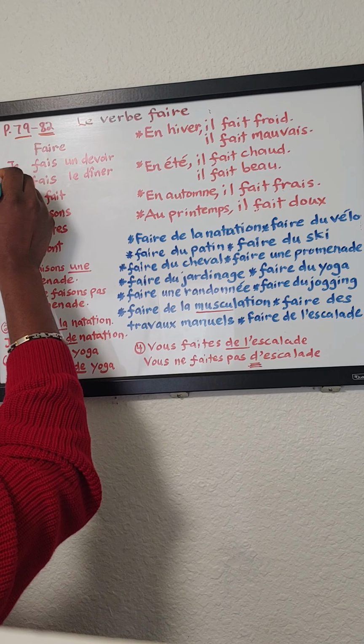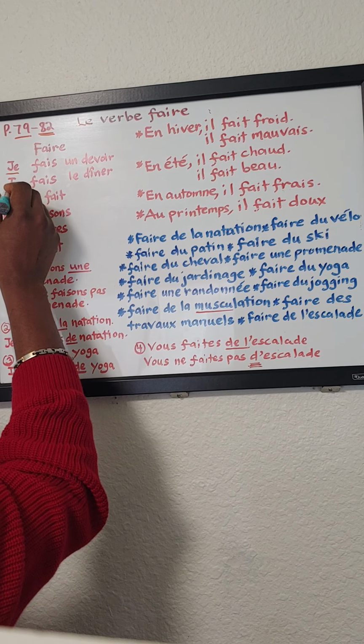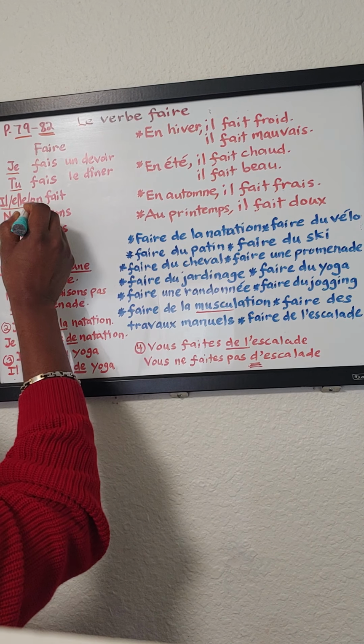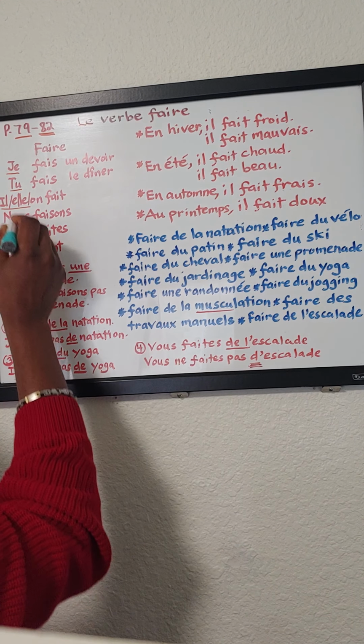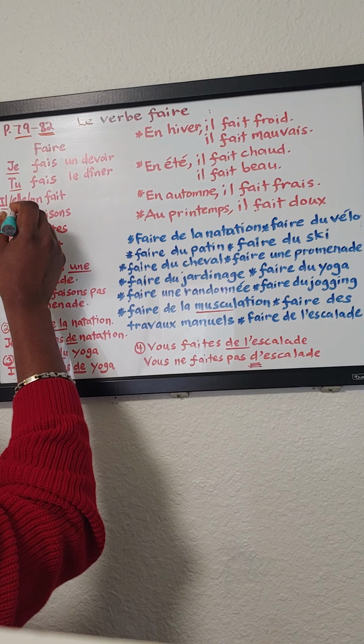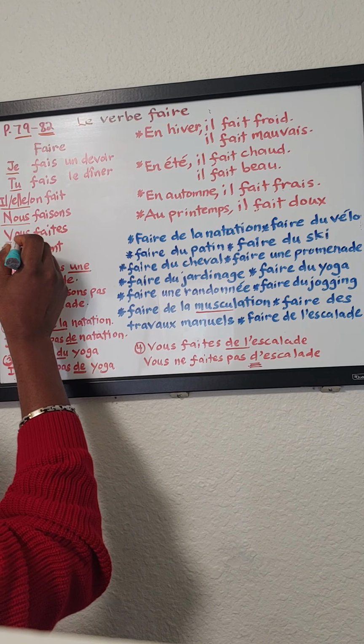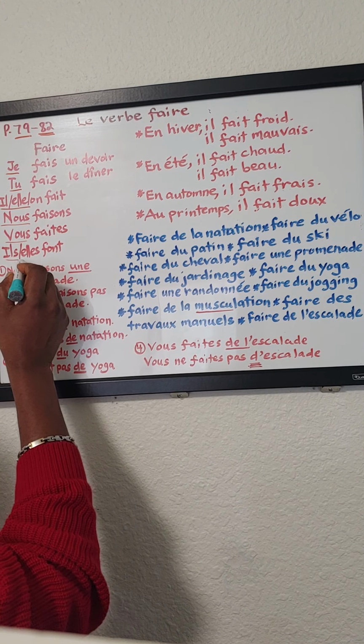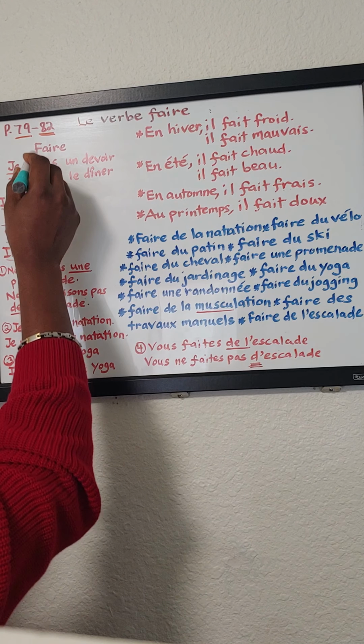You will do, first of all, your pronouns, right? Je, tu, il, elle, on, nous, vous, ils, elles. Irregular.